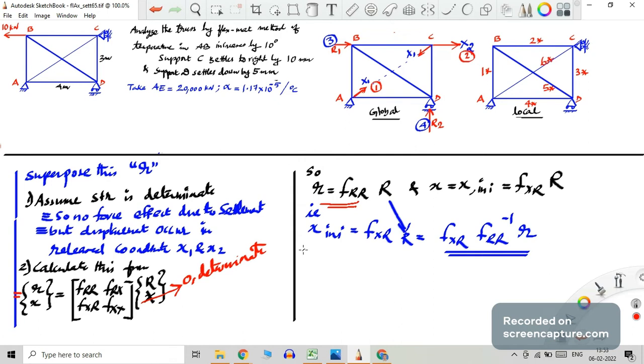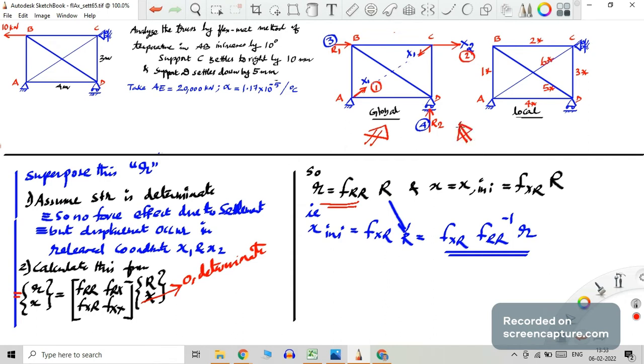And also you get, even though capital X is absent, small x. For example, you see in this diagram, capital X1, capital X2 is absent, that is coordinate 1 and coordinate 2, there is no restraint. In coordinate 1, there is no member.